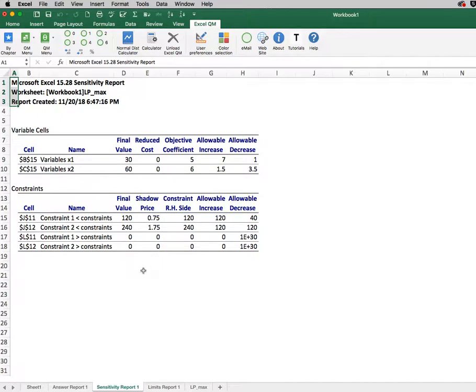So, hopefully this helps those of you that are totally in a Mac environment. As I said, it's a little bit more cumbersome. It's not as user-friendly as it is in a PC environment, but that's how you would determine, from the standpoint of dealing with the what-if analysis or sensitivity analysis, what happens to profits.